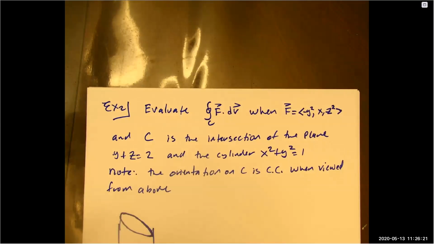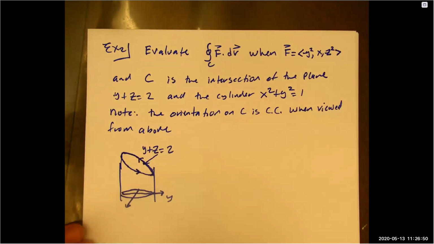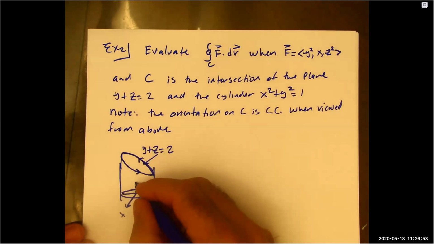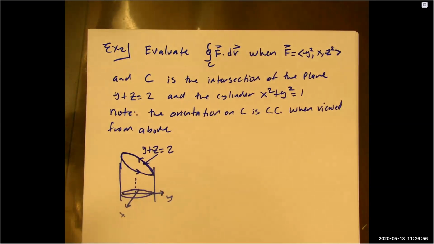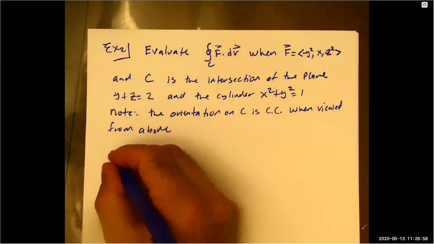This is going to be your y-axis, and then here you're going to have your x-axis, and then here you have your surface, which is y plus z equal to 2. And when viewed from above, we have this counterclockwise notation like that. So this is the x-axis. And so this is our curve here.